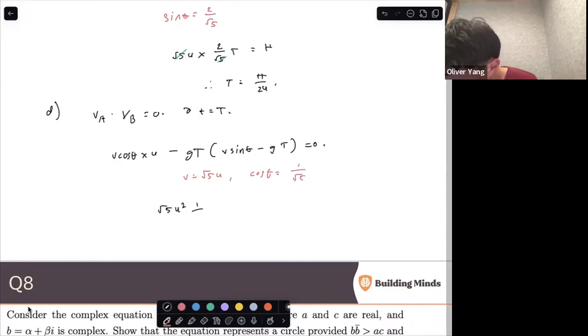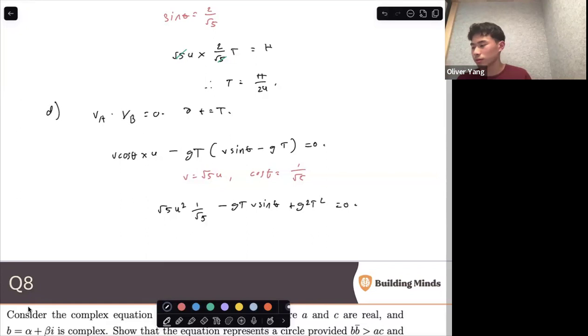So times 1 on root 5. Minus. You'll get minus gt v sine theta plus g squared t squared equals 0.